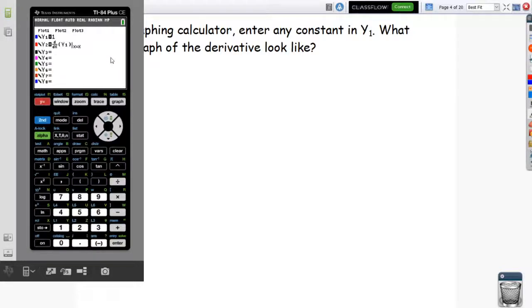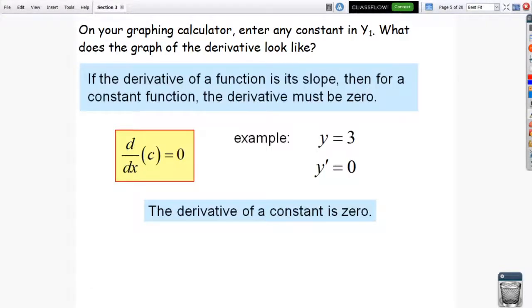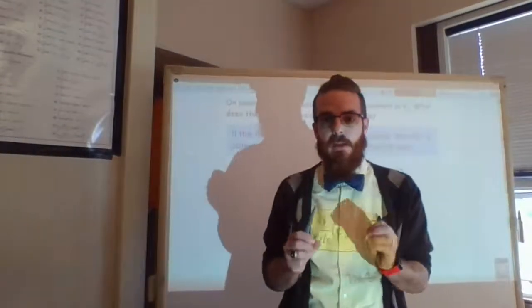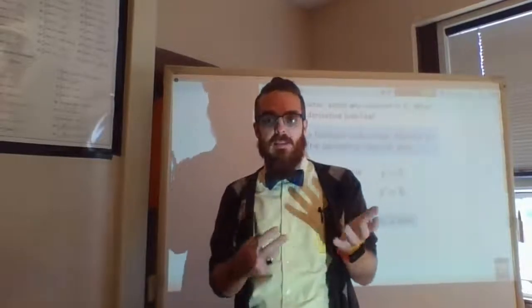This is going to work for any constant, 5. I'm going to get the same graph of the derivative, which is just y equals 0. Why does this happen? Because the slope of any constant function is 0. Therefore, your first rule this section is the derivative of any constant is 0.